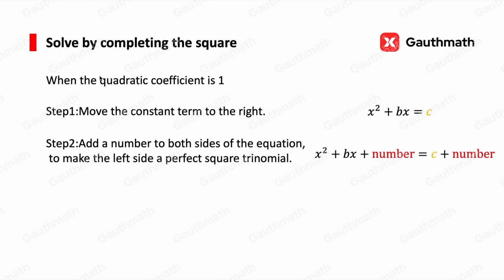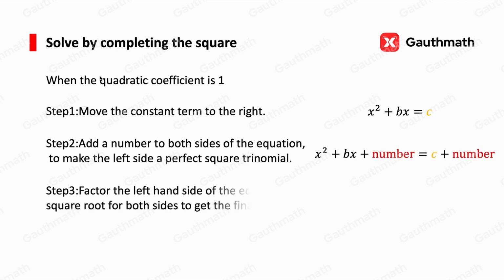So we add a number to both sides of the equation. And step 3, factor the left-hand side of the equation and take the square root for both sides to get the final answer. So the left-hand side will become x plus a number squared. And then we can take the square root for both sides of the equation to get rid of the square.